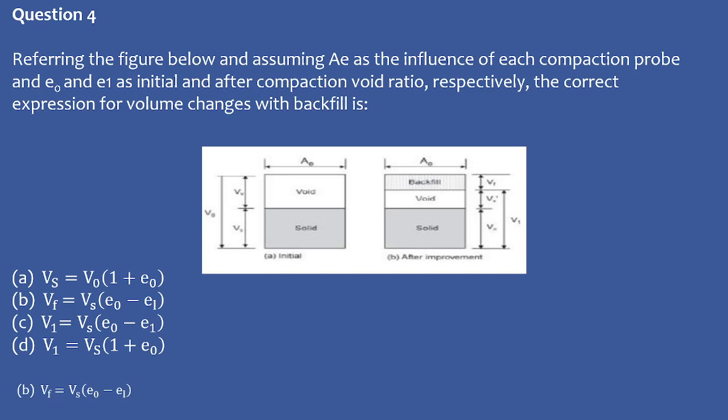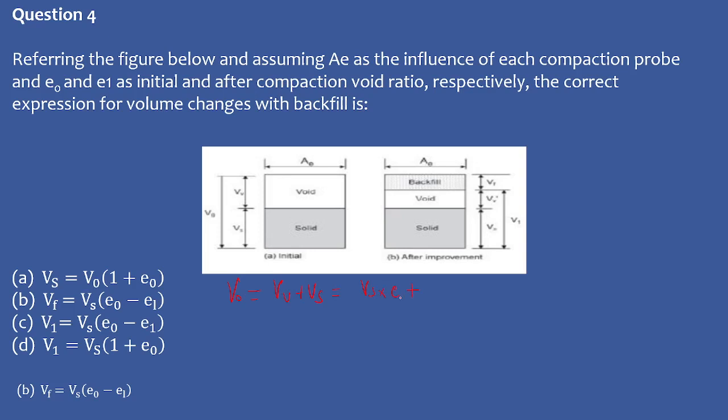So yeah, the expression is given by Vf equals Vs times (E0 minus E1). Initially our soil has volume V0, which consists of the volume of the voids as well as the volume of the solids. The volume of the voids is given as volume of solids times void ratio.